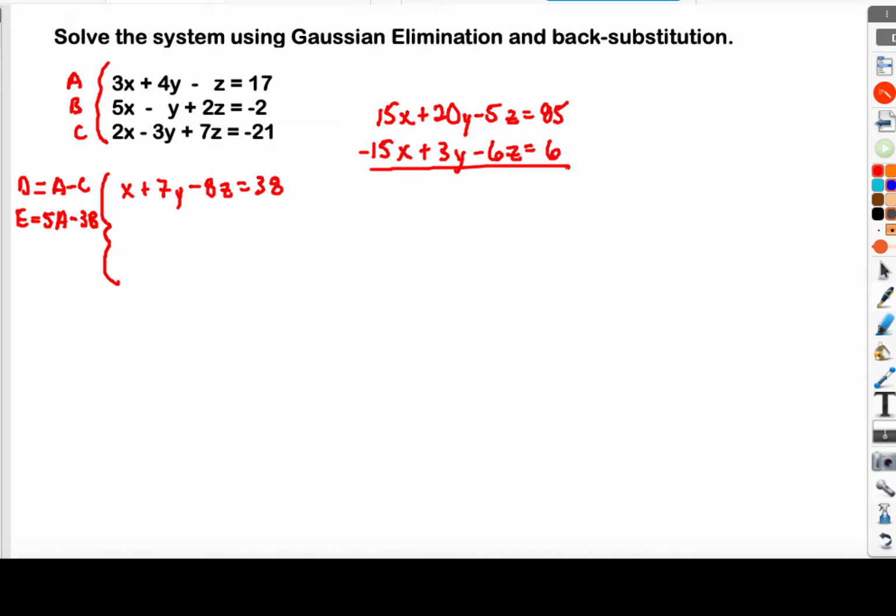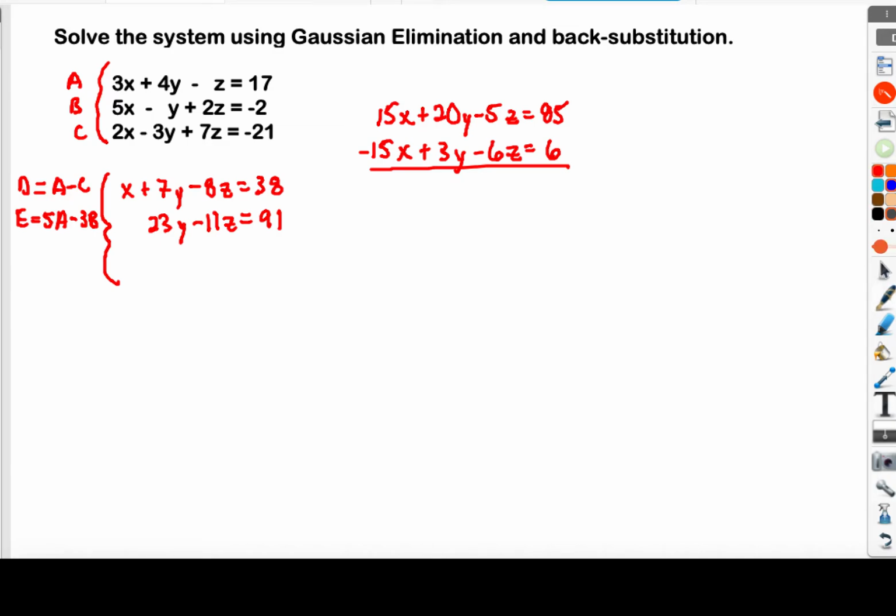That way, if we go ahead and add, again, the x's are going to disappear. The y's are going to become 23y, so I'm going to write that over here in my system. Negative 5 and negative 6 makes for a negative 11z, and 85 and 6 would make for 91. So that looks pretty good as far as that goes.